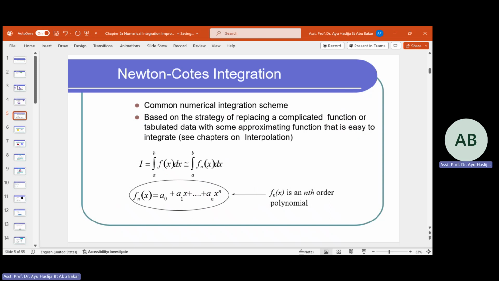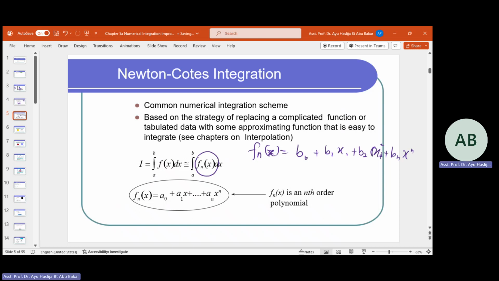Okay, now for integration, we will integrate based on the function. Still remember that we do the function, fnx, where if Newton, you have b naught, b1 x, plus b2 x squared, until bn x power n.